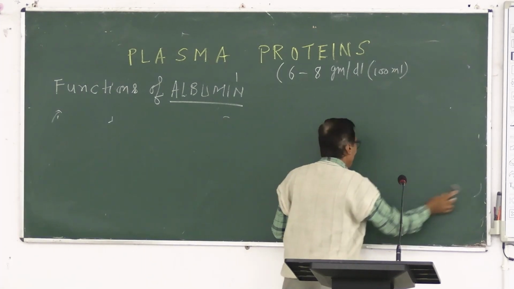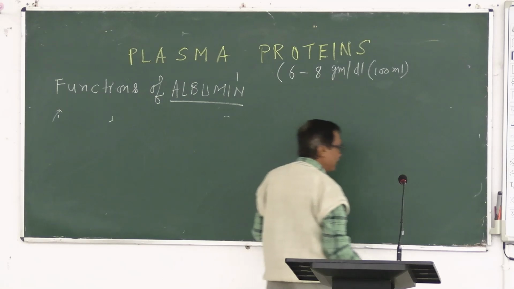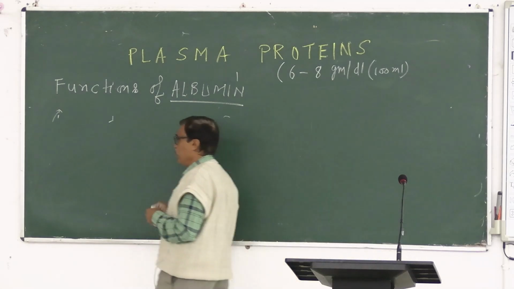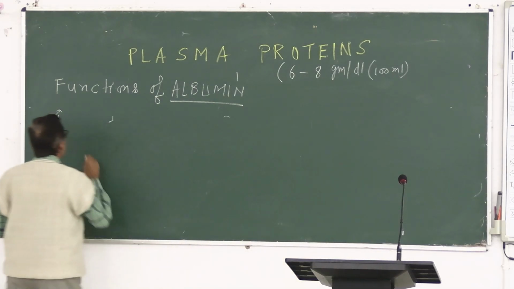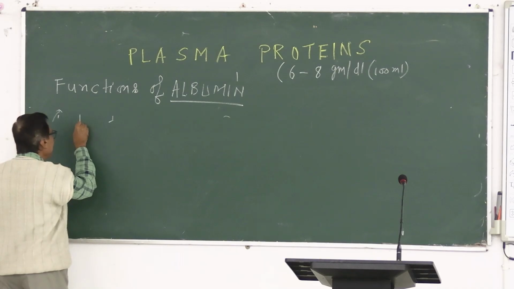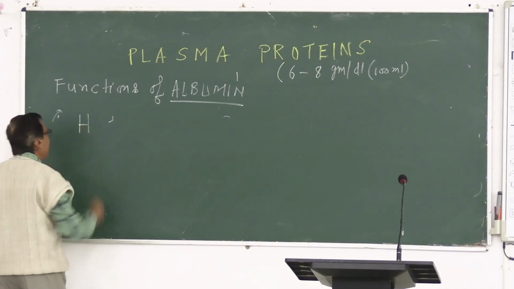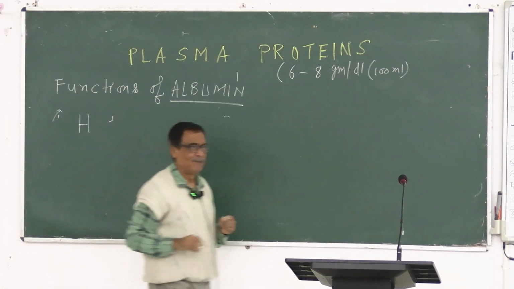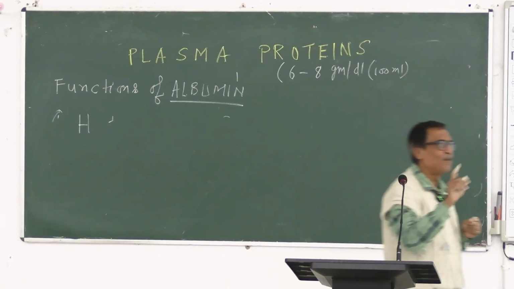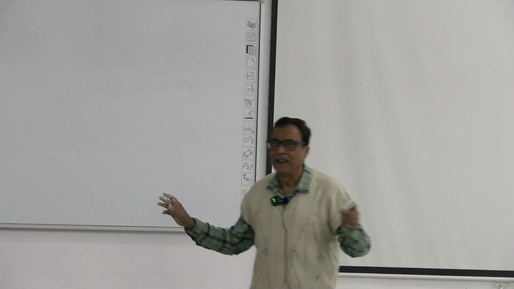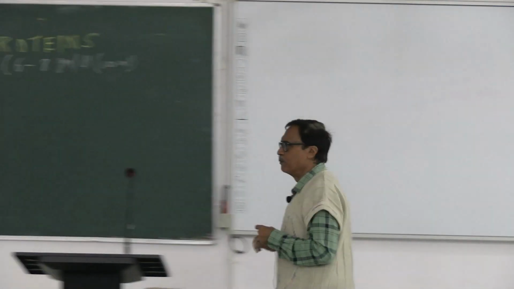Now, what are the causes of hypoalbuminemia? Albumin increases very rarely. Increase of albumin or protein occurs in very few instances, but lowering of protein or albumin is very common in clinical practice.